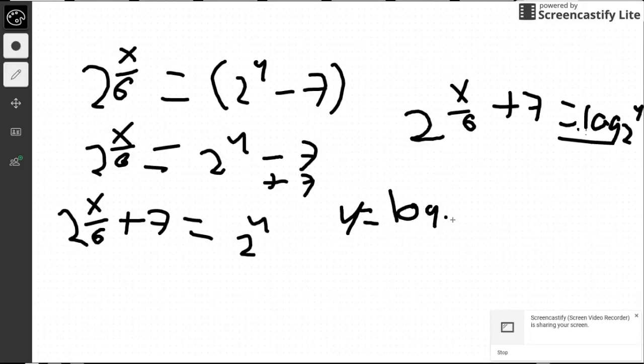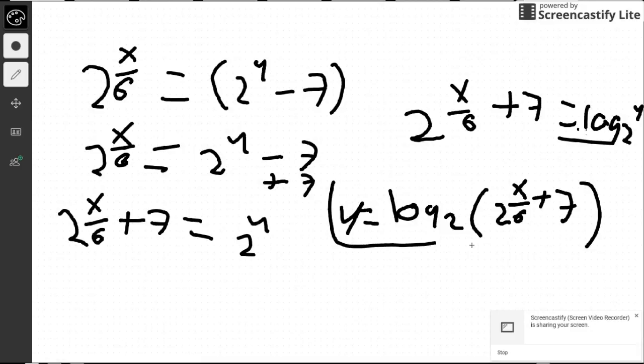You still have the base of 2; you have to keep it. You're not going to do anything with it. So now it's 2 to the x over 6 plus 7, and that's your answer.